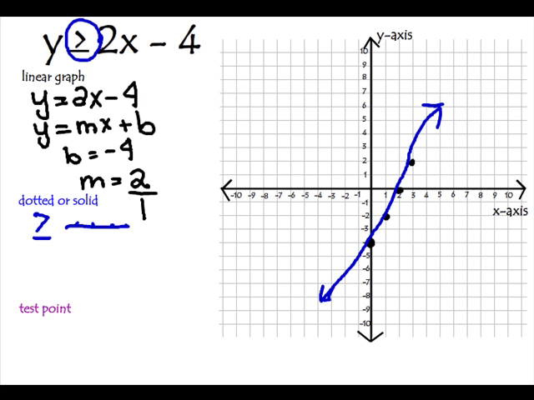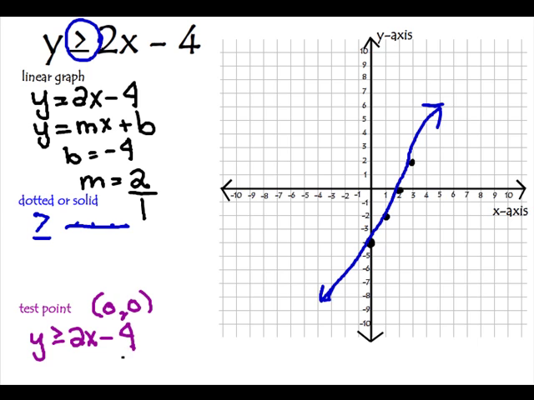Then my last decision is a test point. Now I always like to use 0, 0 as a test point. I can use 0, 0 just as long as my line doesn't go through 0, 0, and this one doesn't. So I have to write y is greater than or equal to 2x minus 4.